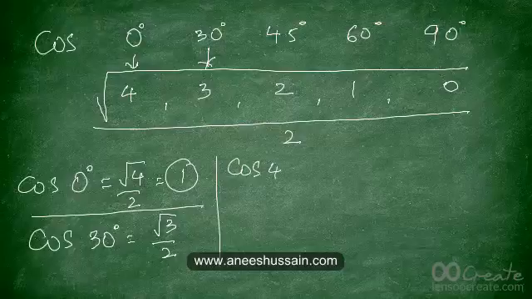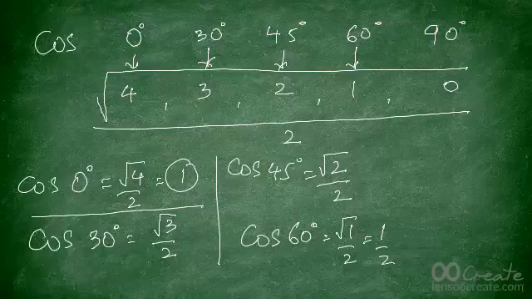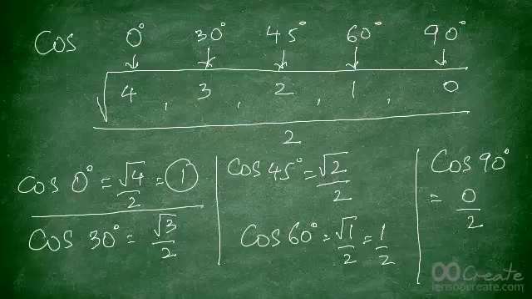What is cos of 45 degrees going to be equal to? That's right, that's root 2 over 2. And what is cos of 60 degrees going to be equal to? Pick it from here. That's root 1 over 2, which is half. And cos of 90 degrees from here. That's going to be 0 over 2, which is 0.